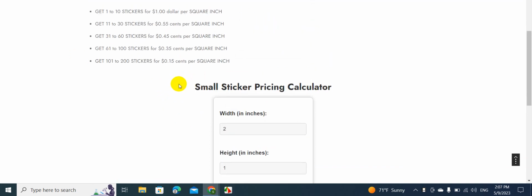This is just an example, so you get the idea that I'm trying to show you in my formula. So let's say 200 stickers, and it qualifies for 15 cents per square inch. 200 stickers at 0.15. All right, $60 for all 200 stickers.